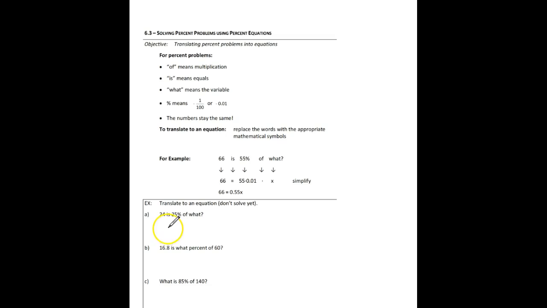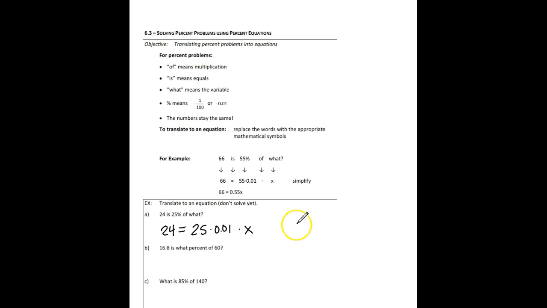Okay, so now we're going to practice that for just a second. Let's look at this one. 24 is 25% of what? Again, just pull out the pieces and turn it into an equation. So here we have 24, is means equals, 25%, so 25 times 0.01, of, meaning we're going to multiply, and what, of course, is our variable.